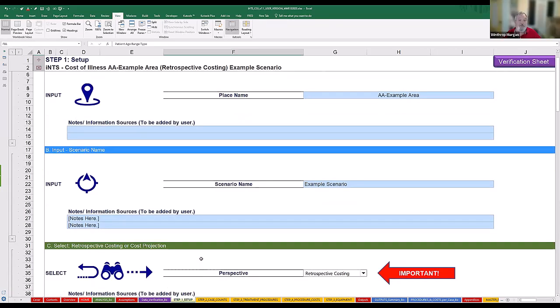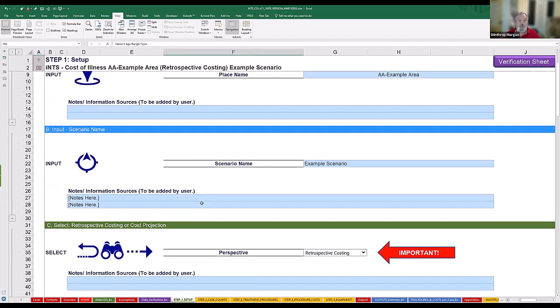I do think it's very important that we make sure that we're agreeing on what those dates are. And this is set up for a 12-month period, any 12-month period. Also, I want to make sure that I'm clear about the definitions I use.